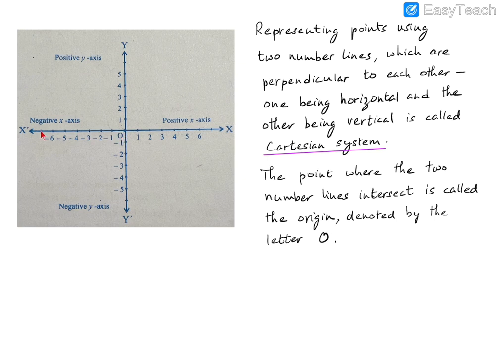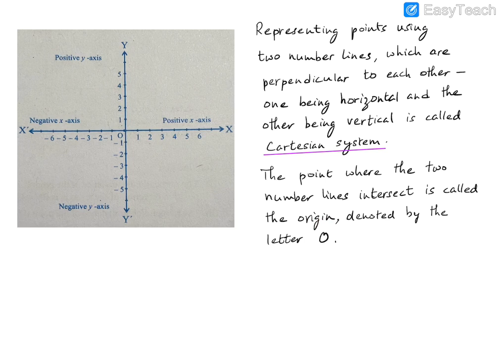So all the x-axis numbers on the negative x-axis are negative numbers. And then we have OY dash as the negative y-axis. So we have the representations for the axes, which are the positive x-axis, positive y-axis, negative x-axis, and negative y-axis. And then we have the point of intersection of the two axes denoted by the letter O, and it's called the origin.